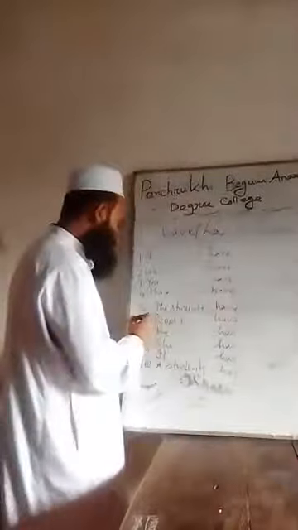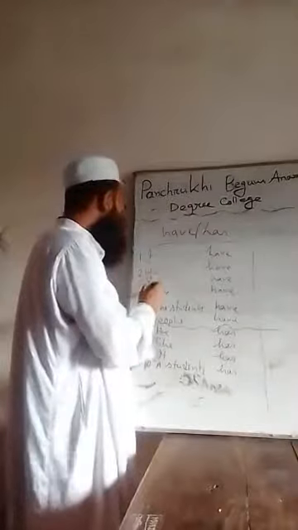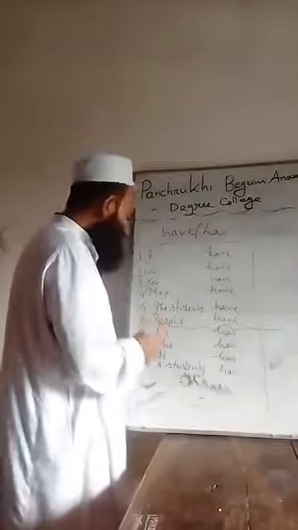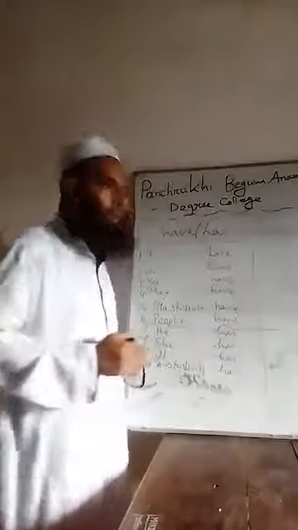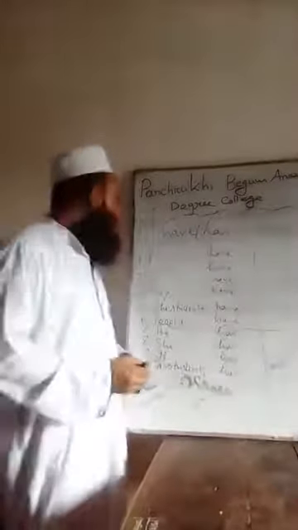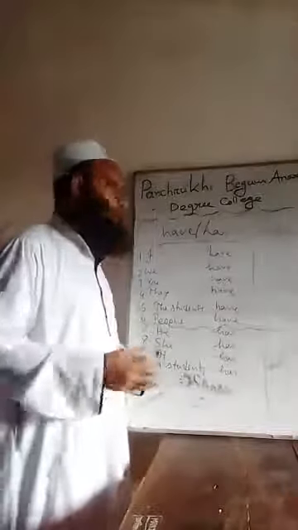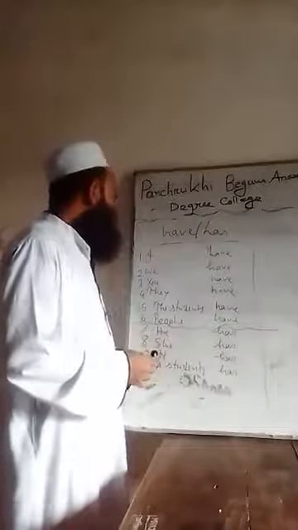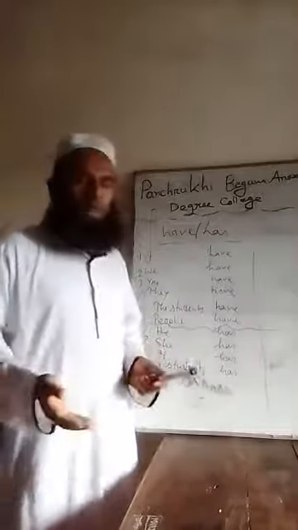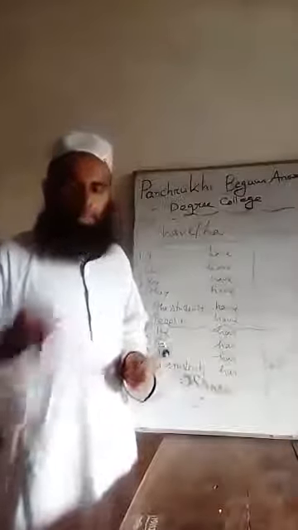Here we have two parts in the use of have, has. First person plural, second person singular and plural, third person plural: here we can conclude for the students that, whether as an auxiliary verb or main verb, have is used after first person singular, first person plural, second person singular, second person plural and third person plural.